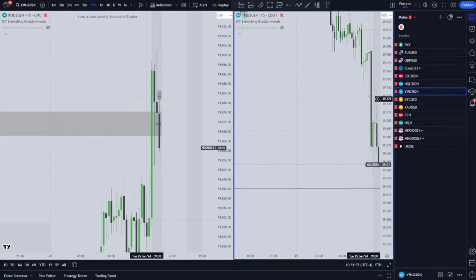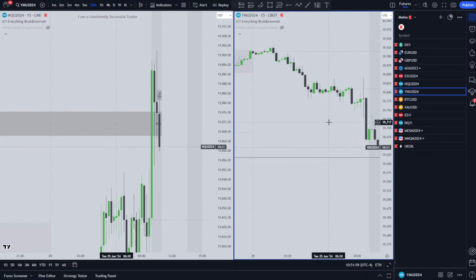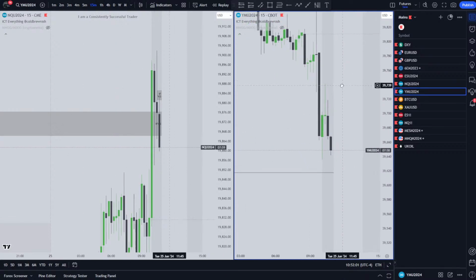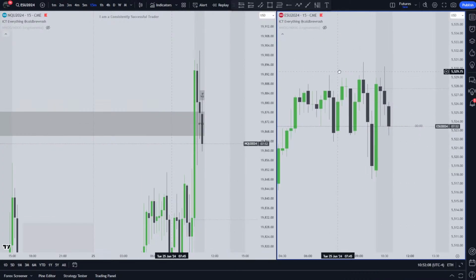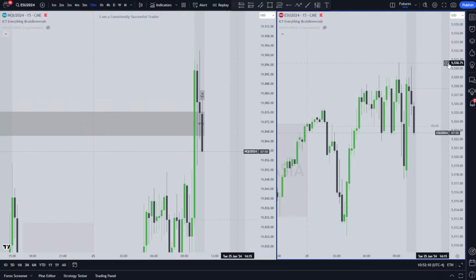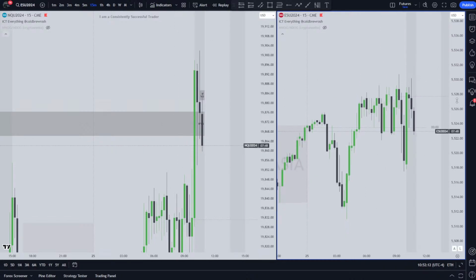Okay, YM structure is undoubtedly bearish to that low. There's no question about that. So that's 1 out of the 3 that's bearish. ES. There is SMT.